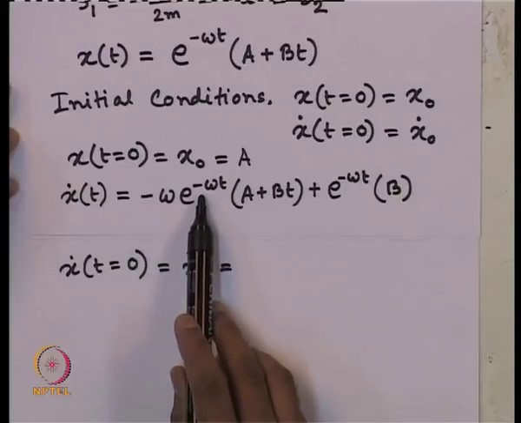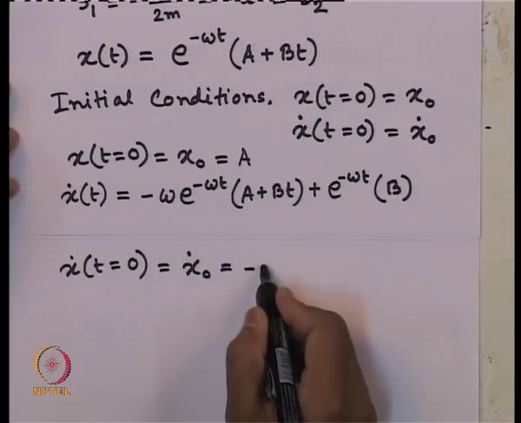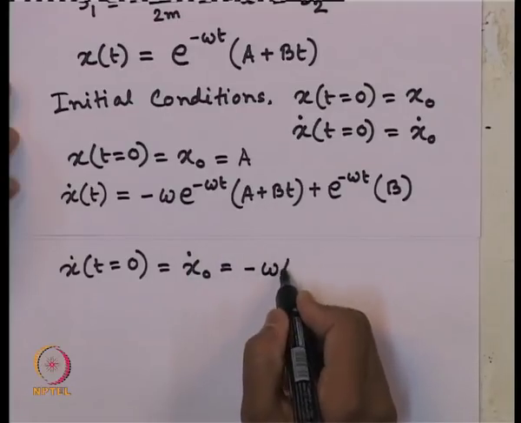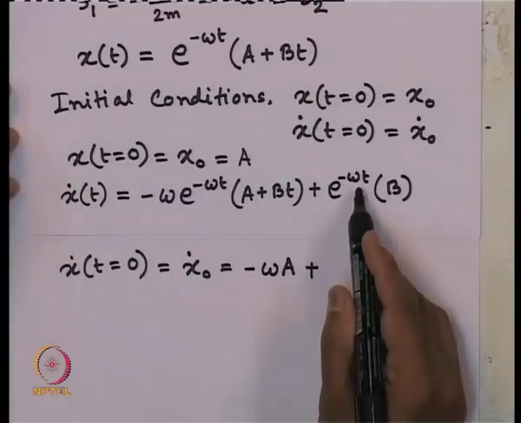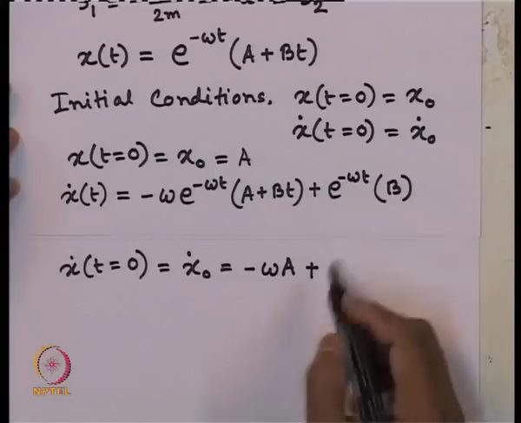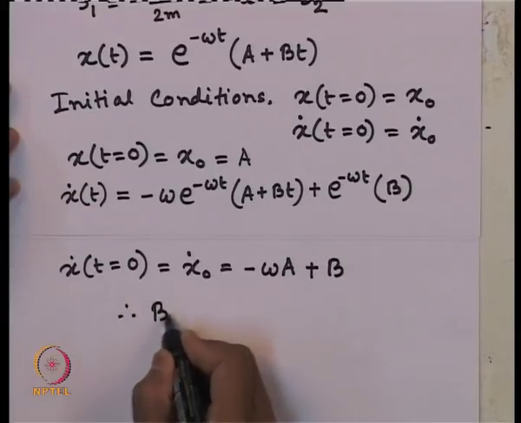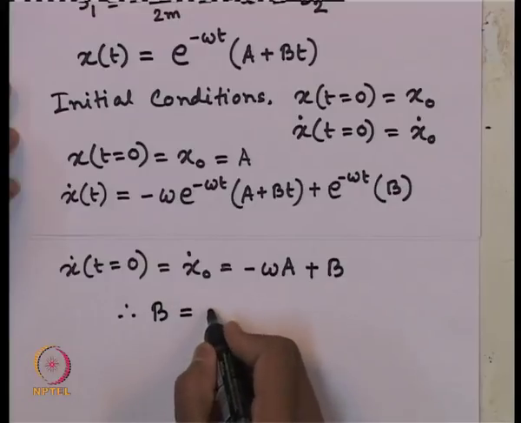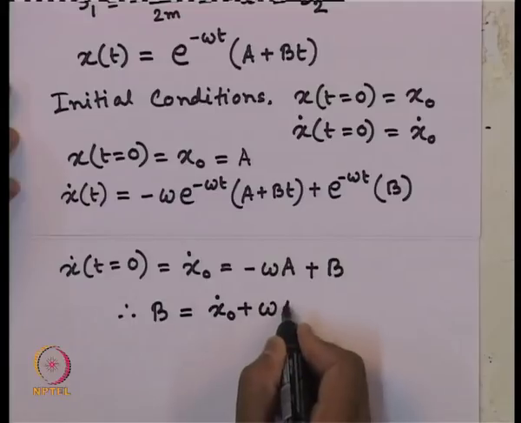Minus omega times 1 times a, so minus omega a, plus this gives us 1, this is b. So, plus b. Therefore, the other constant b is nothing but x naught dot plus omega times a.